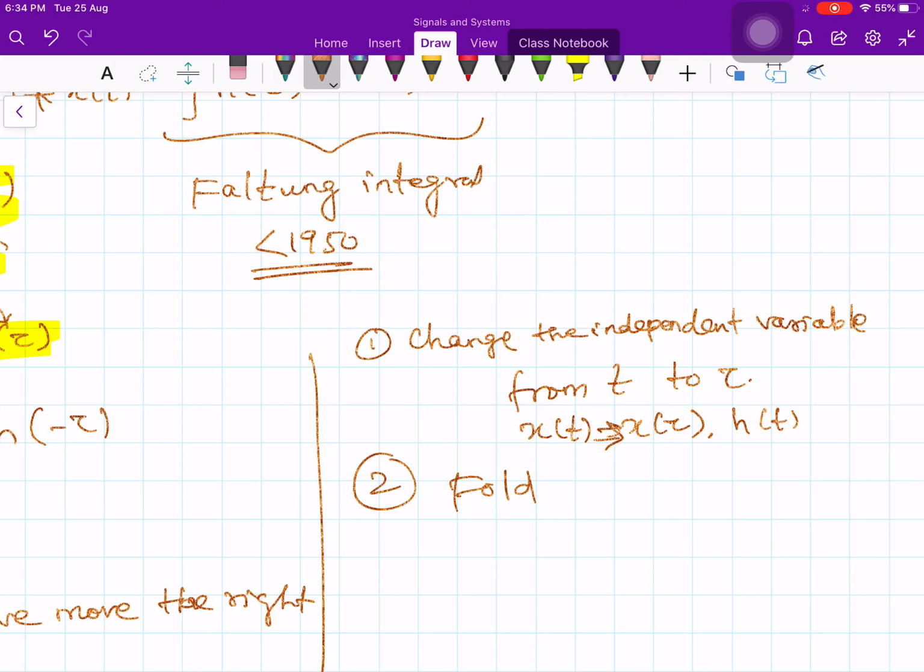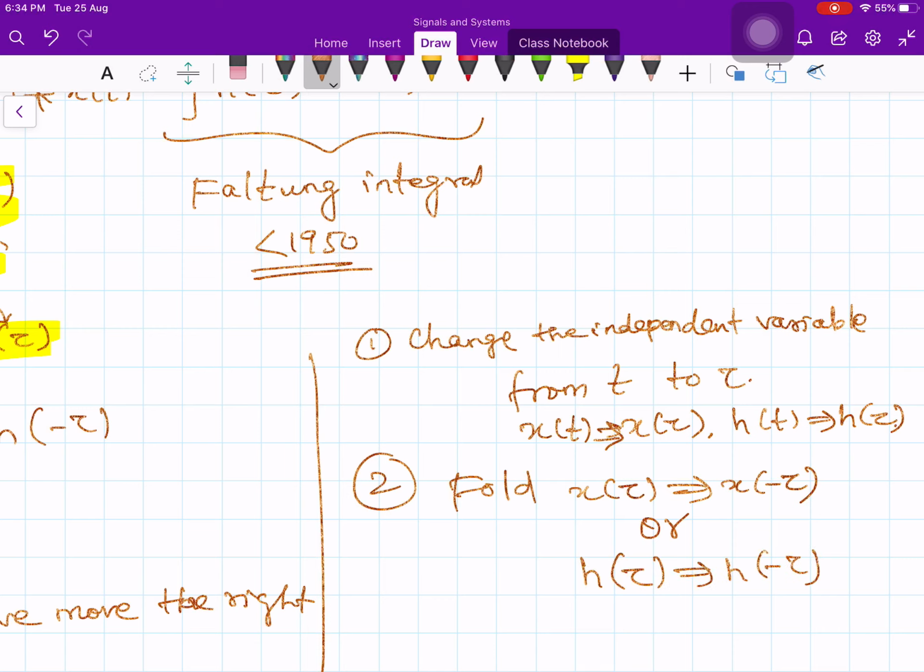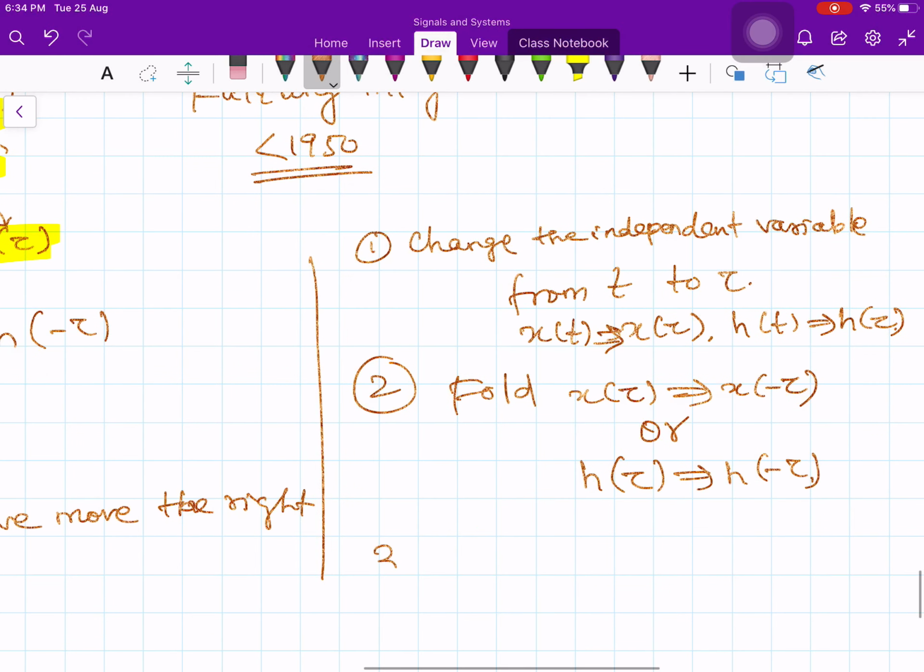The second step is fold any one: you keep x of tau as it is and then fold h of tau to get h of minus tau.